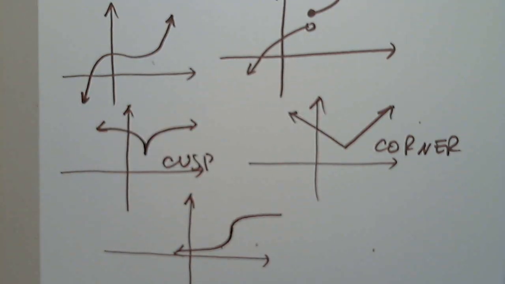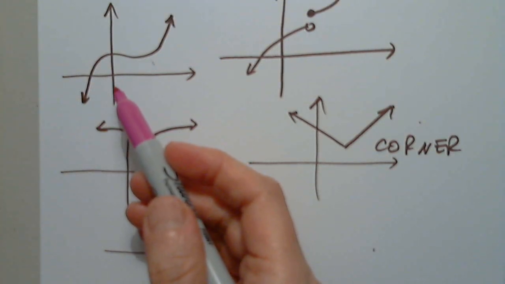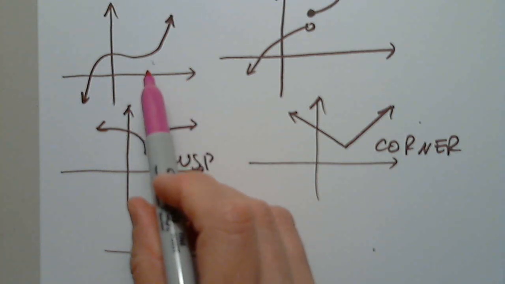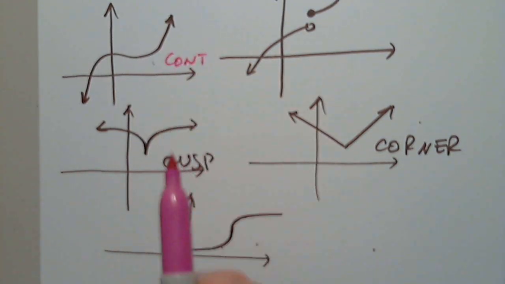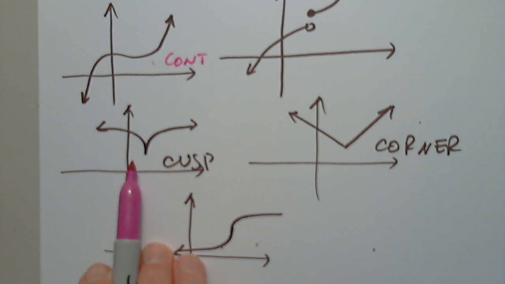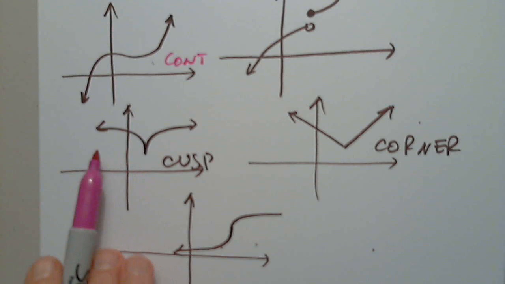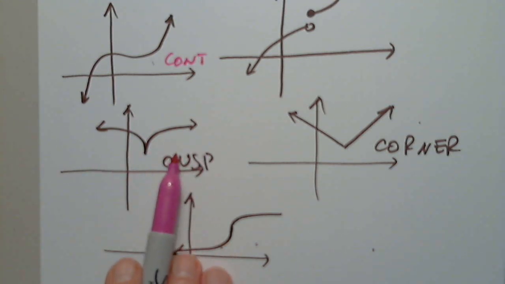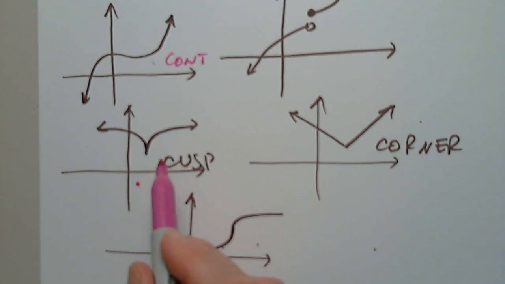In the first situation, would you say that this is a continuous function? Yes. Continuous, very good. Would you say in number 3, I specifically intentionally jumped over that for a moment. Would you say that this is continuous? Is this function continuous?